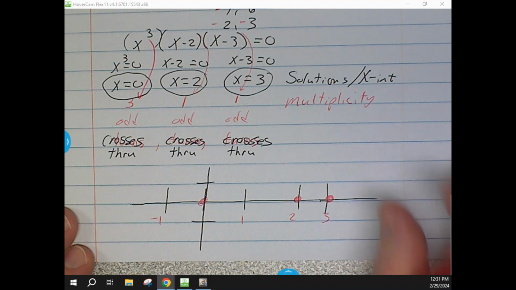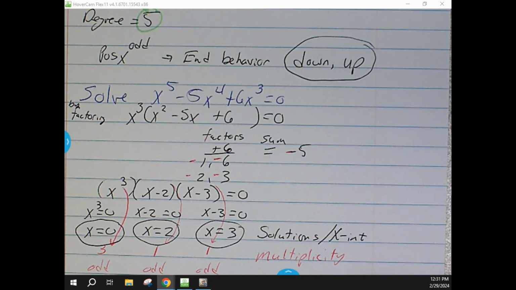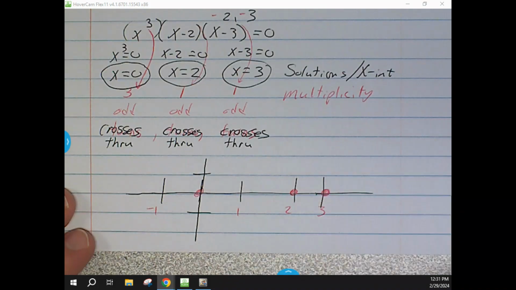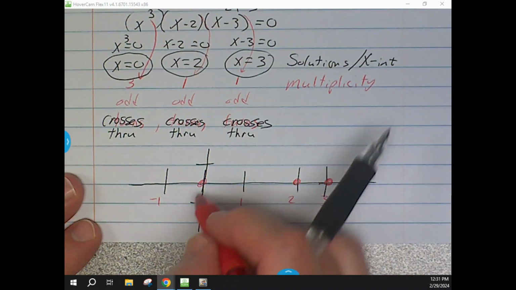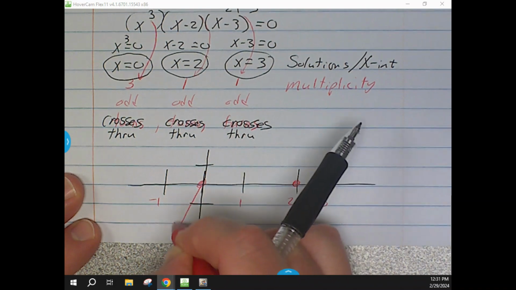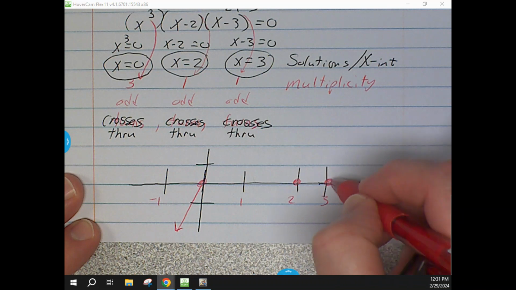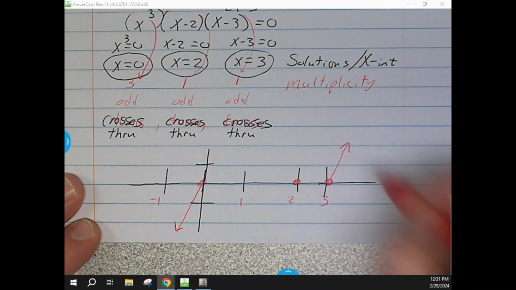All right, and then way back up here, I'll go back real quick. The left side goes down, the right side goes up. So go to the 0 that's on the left, and from everything on the left, it's got to go down. Go to the 0 that's on the right side, it's going to go up.